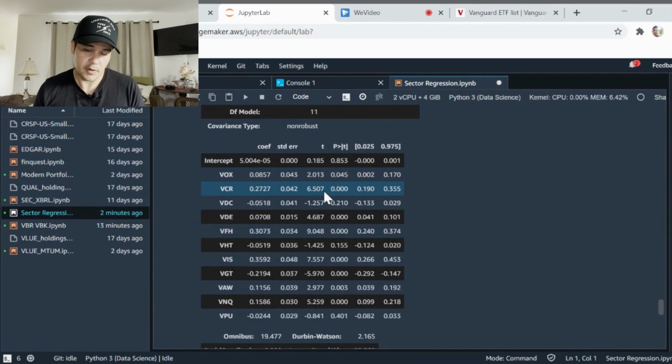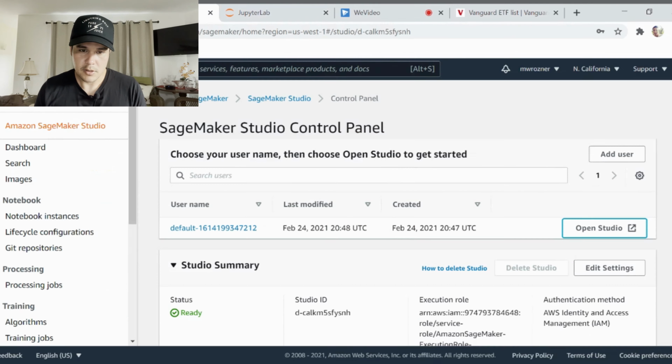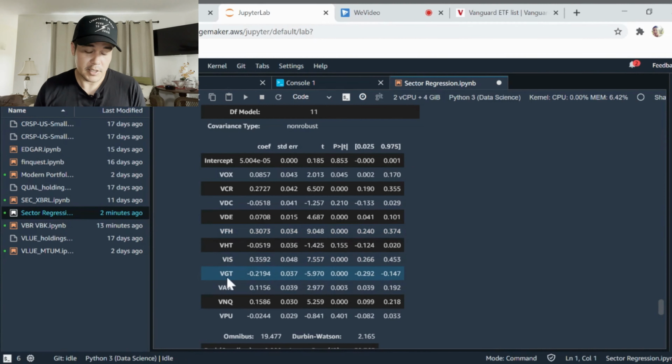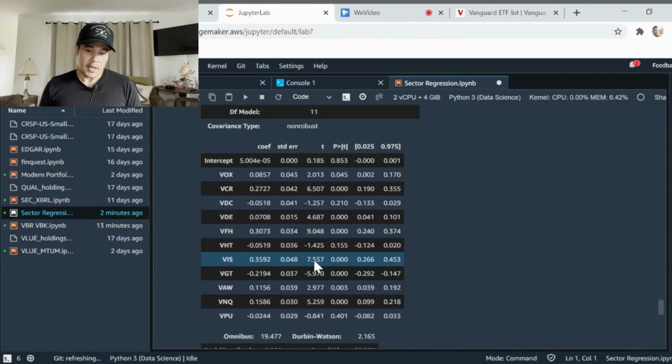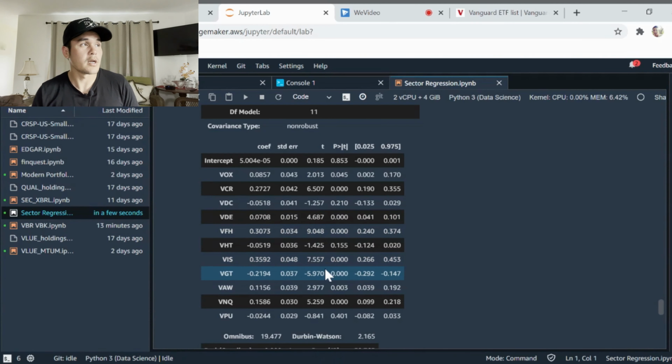So again, another bias towards consumer. VCR is consumer discretionary, I've got to remember that. And let's look at VFH, a very large T-stat here for financials. That's interesting. A negative relationship to technology, and another very large T-stat for industrials. So when you're buying this fund, it seems like you're really betting on financial companies and industrials. That's essentially what you're doing.